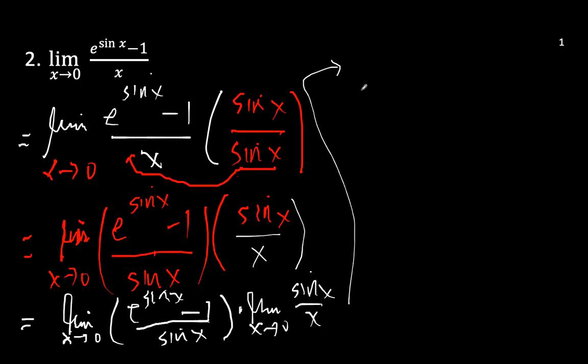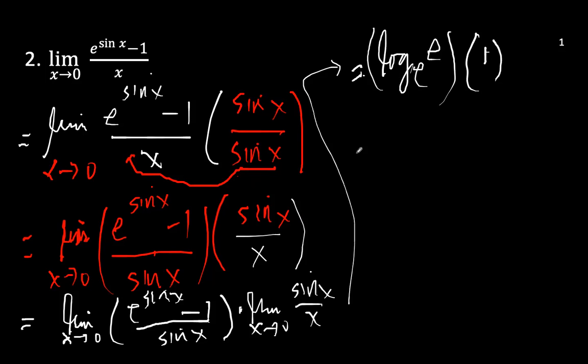So the answer here is equal to the logarithm of the base, which is e, base e, times, what is the limit of sine x over x? The limit of sine x over x as x approaches 0 is equal to 1, okay?